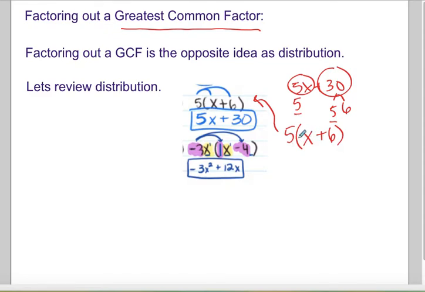You can check by using distribution to make sure that you did that correctly. Here's another example of just factoring. But here the common factor is a negative 3x. We're going to look at some that we're going to be doing from scratch.